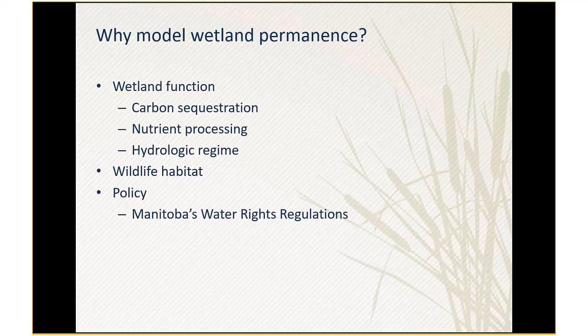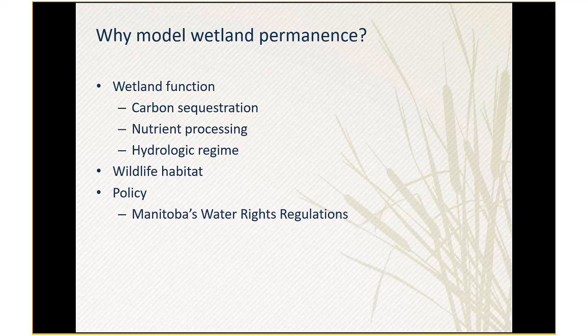But there's a whole bunch of applications where wetland permanence information at the basin level is required, whether it be carbon sequestration modeling, nutrient modeling, hydrologic applications. Essentially, S&K permanence is a critical information piece that basically would drive models on this front.